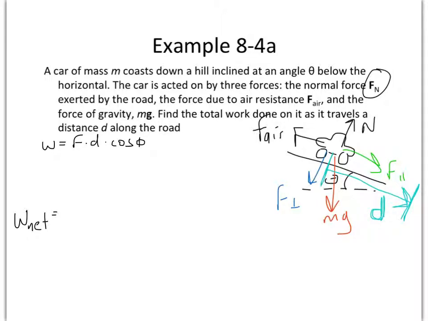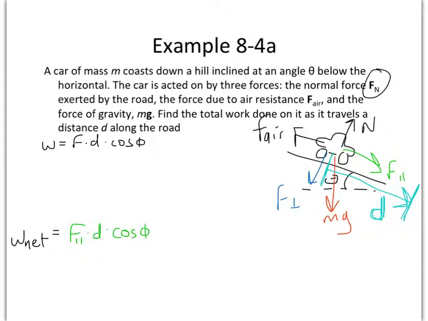I'm going to move this down towards the bottom. Net work is the sum of all these works, so let's do them piecemeal. What are all the forces doing work on this car? Let's do the first one, and I'll write that in green. That's going to be the force parallel times distance d times the cosine of the angle between them.